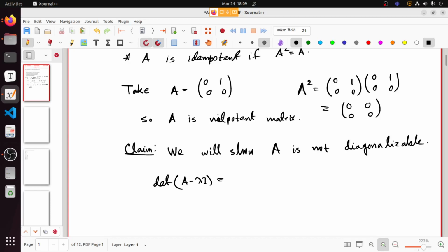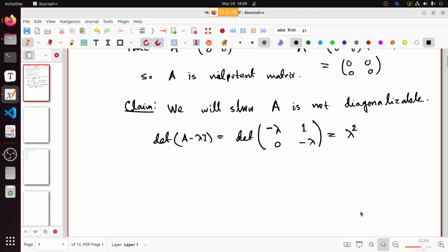What is this? The determinant of minus lambda 1 0 minus lambda is lambda square. So the characteristic polynomial is lambda square. So what are the eigenvalues? The only eigenvalue is 0, right?